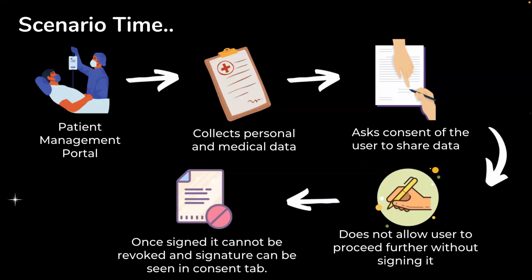We'll discuss a scenario related to how a feature abuse can lead to some malicious impact. The site which I was testing was a patient management portal. It collected some personal and medical data.